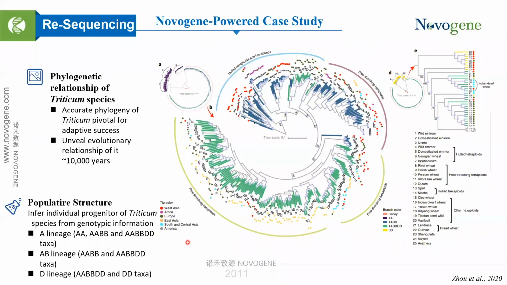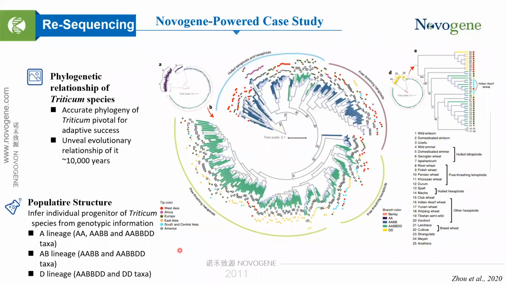So in this paper, with hundreds of thousands of randomly chosen SNPs, the population structure analysis has been applied to obtain the robust phylogeny of the wheat within the A lineage, AB lineage, and D lineage.